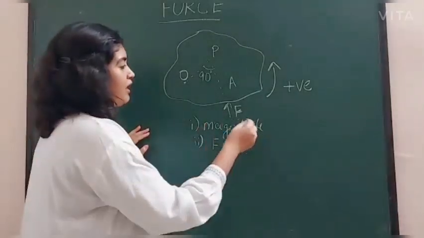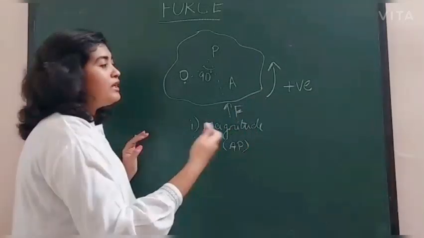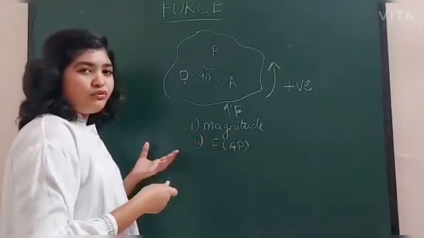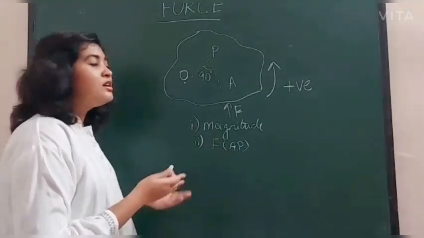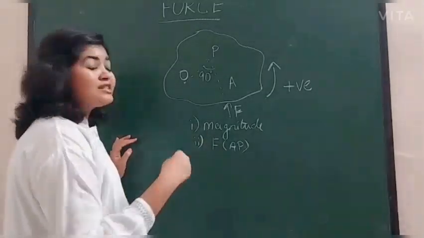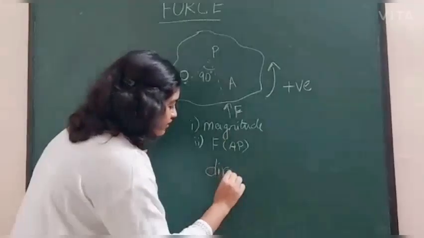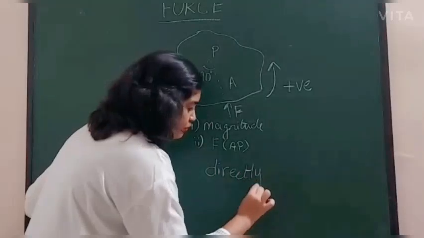If you increase the amount of force, the moment of force also increases. If you decrease it, the moment of force or torque also decreases. So it is directly proportional.